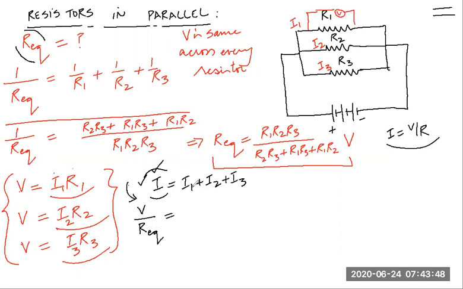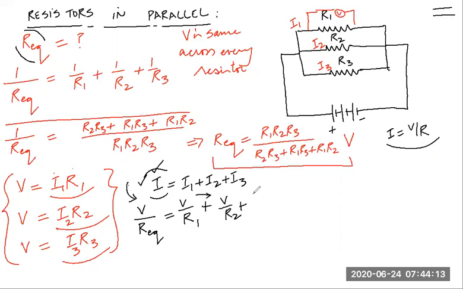So I is equal to V by R equivalent. I1 is equal to V by, can anyone tell? I1 would be V by R1. Yes, we don't write V1 here. Why? Because we know voltage everywhere is same. So what would it be, students? Please complete. I2 would be V by R2. Correct.